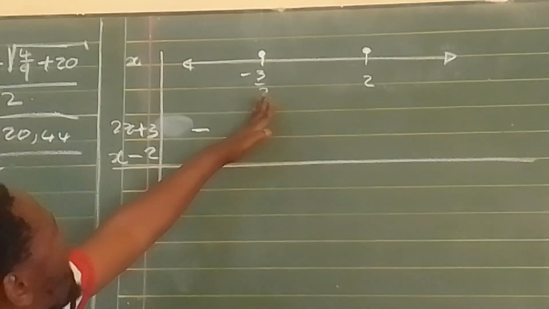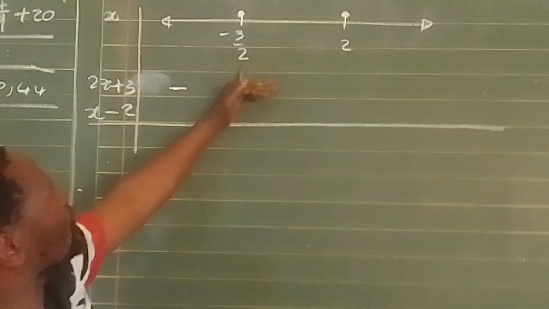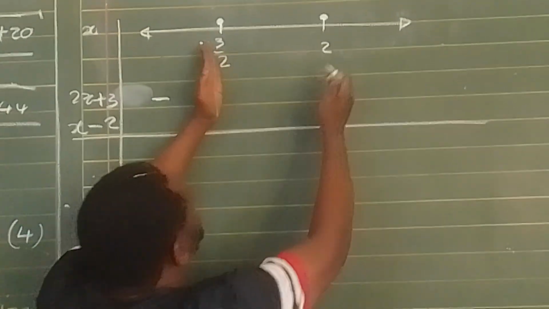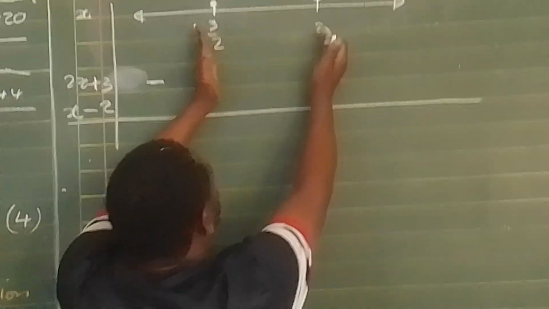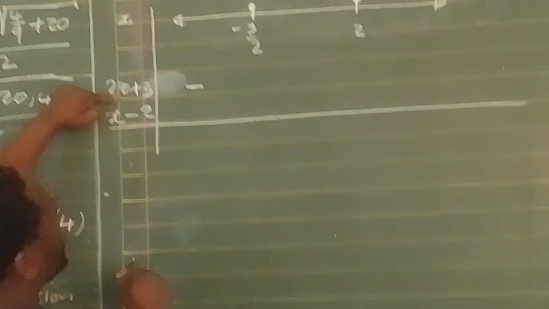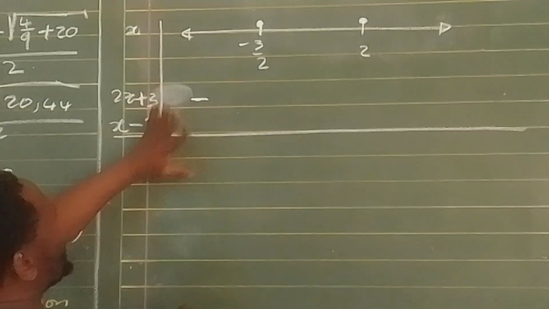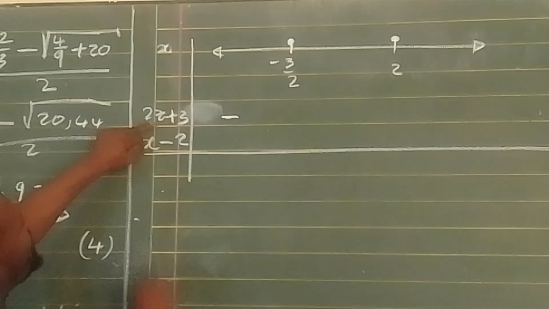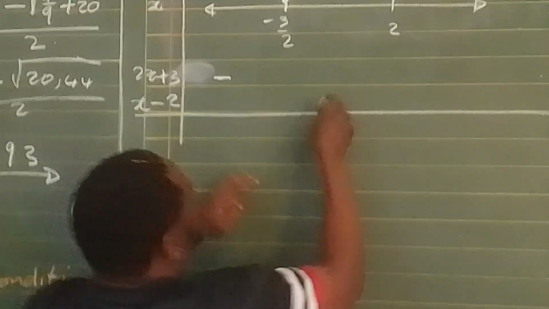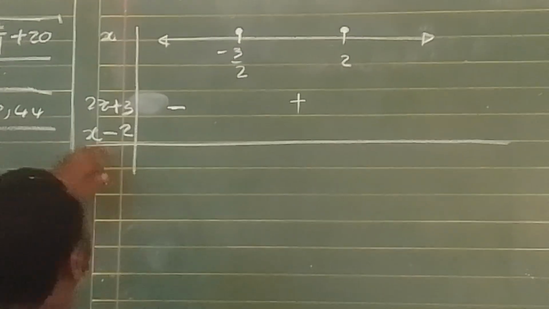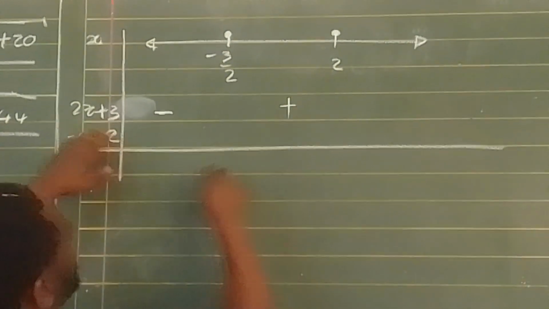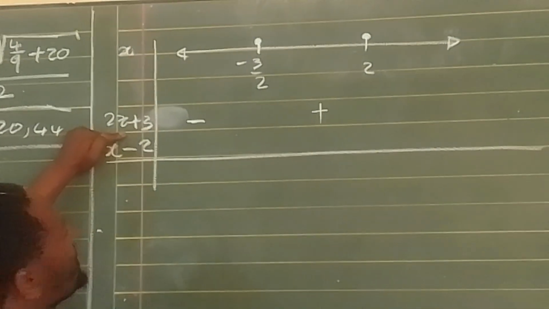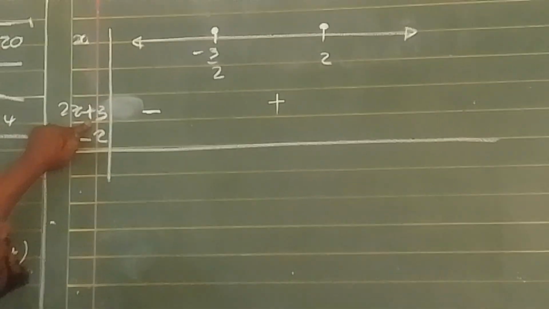You take a number just after minus 3 over 2, between 2 and 1.5. I prefer 0 so that we can get a number which is convenient for us. So you put a 0 here. 2 times 0 is 0 plus 3 is positive. Then you come here. You take a number just after 2, say 3. 2 times 3 is 6. 6 plus 3 is 9.